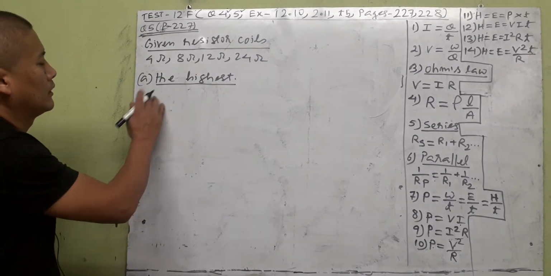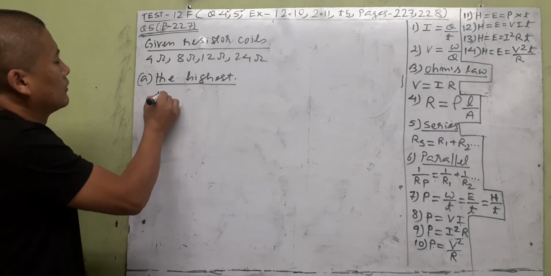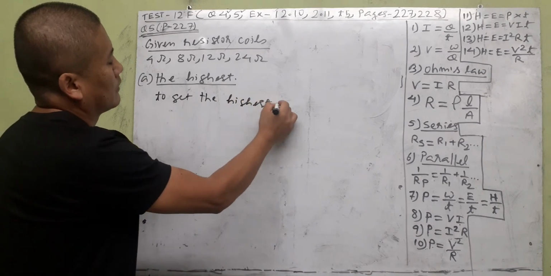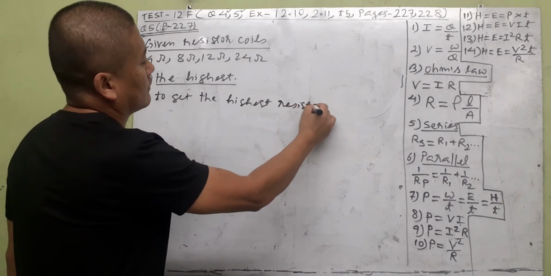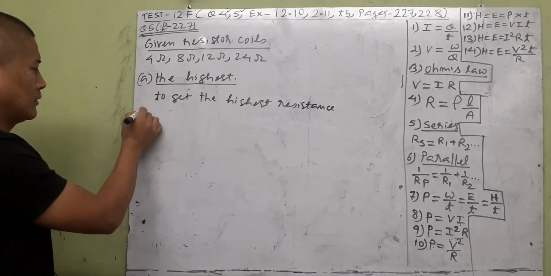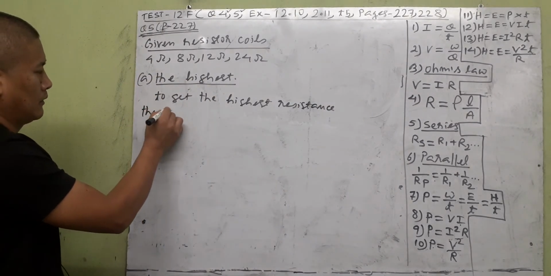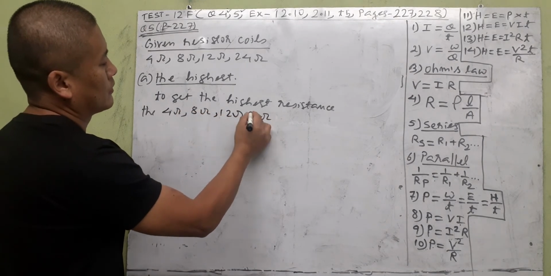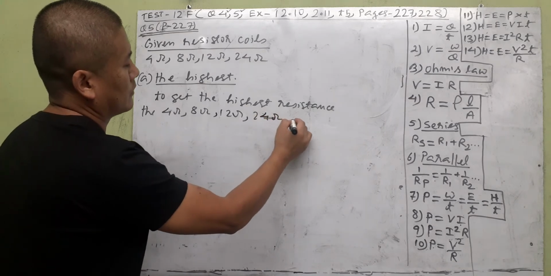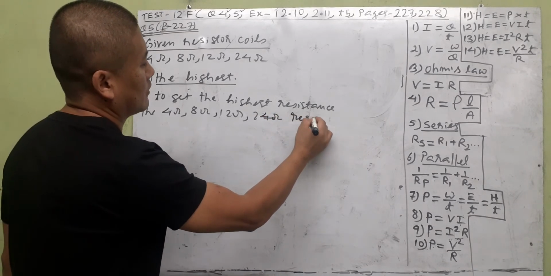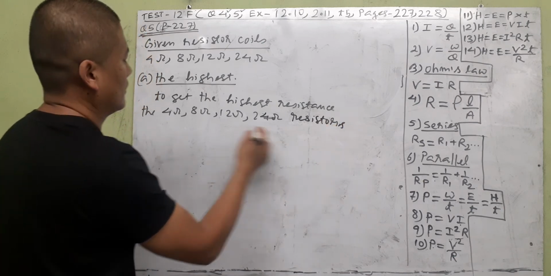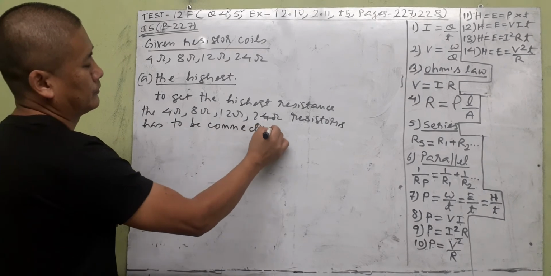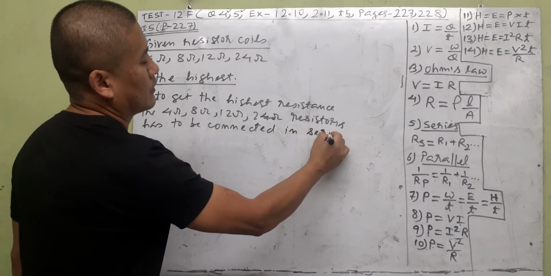So to get the highest resistance, as it is mentioned here, the 4 ohm, 8 ohms, 12 ohms and 24 ohms resistors or resistor coils has to be connected in series.